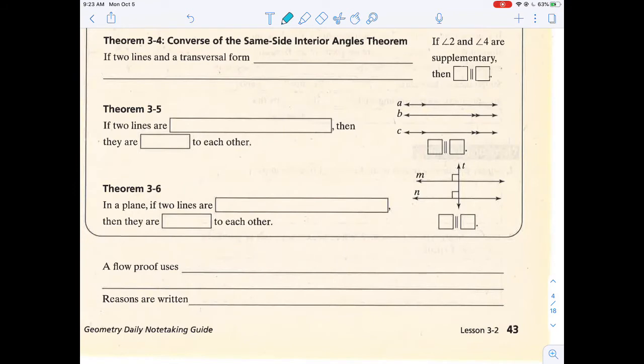Alright, theorem 3.4, converse of same side interior angles. So before we said if we know the two lines are parallel, then we know the same side interior angles are supplementary. So now we're saying if two lines in a transversal form supplementary same side interior angles, remember supplementary means the two angles add up to 180, then the two lines are parallel.